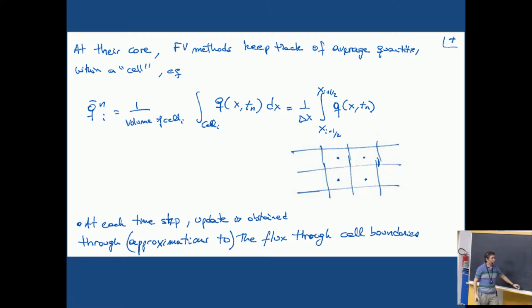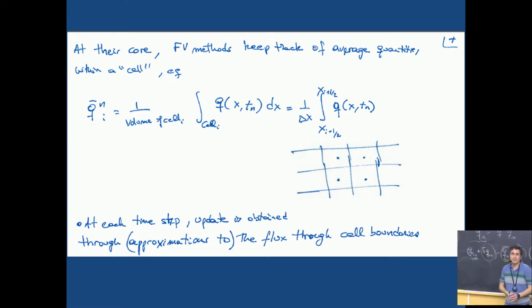So graphically, what we're doing is computing how the average of the quantity q at this time in this cell changes to a new value here by virtue of whatever flux entered through the cells.